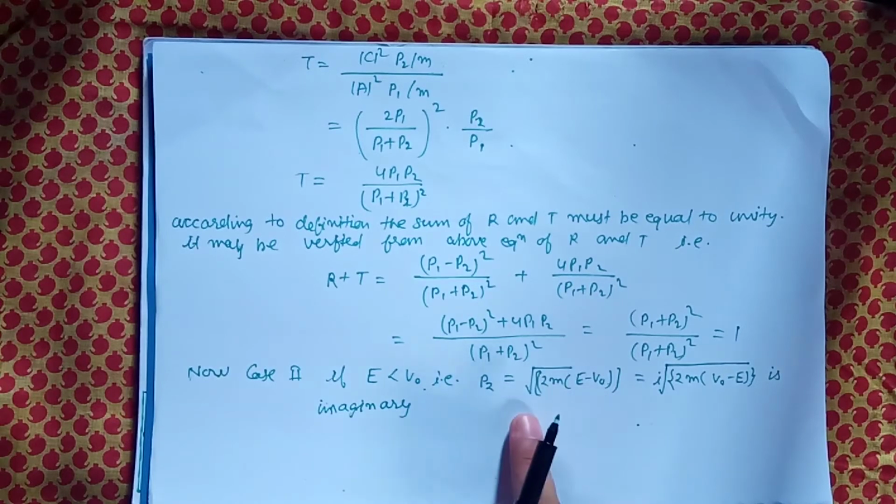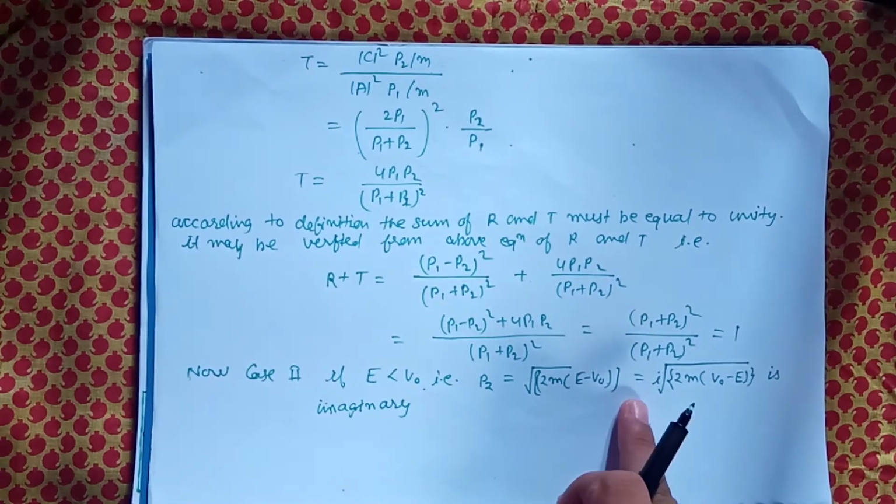V naught bahar lenge, negative bahar aayega, V naught minus E into minus of 1, that is iota.